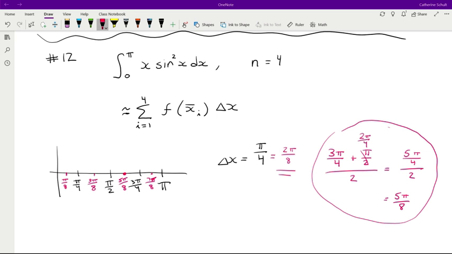All right, so we're going to be using the midpoint to determine the height of the rectangle. Okay, so again, whatever the function is, I don't know what it is, I'm just guessing. We're going to use that function value to determine the height of that ith rectangle.